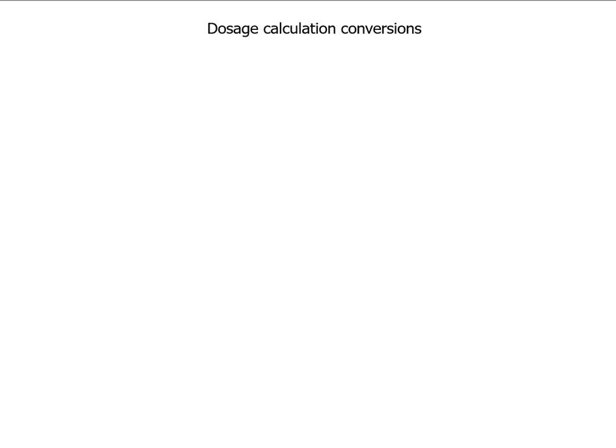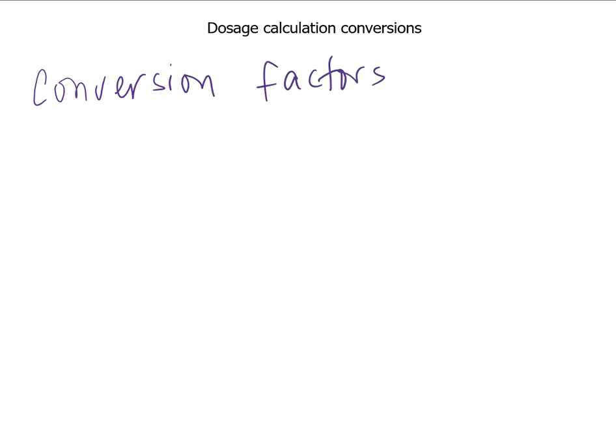Recall, a conversion factor simply tells us how two units are equivalent to one another. And so they give us that relationship between those different units. With dosage calculations, in many cases, we have to use the dosage that is prescribed, or the concentration of that medication, as a conversion factor.